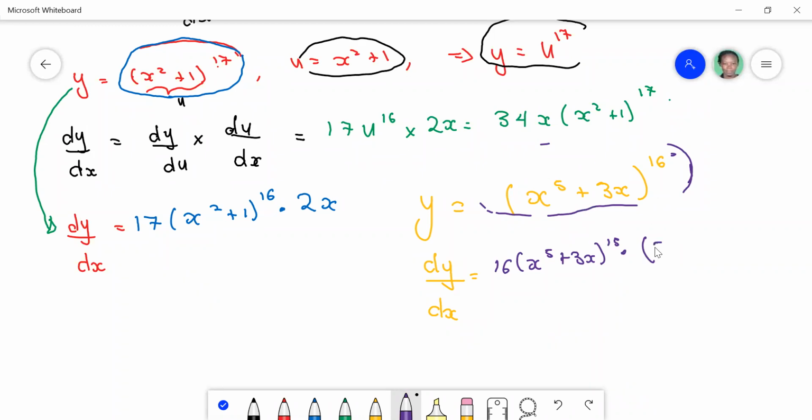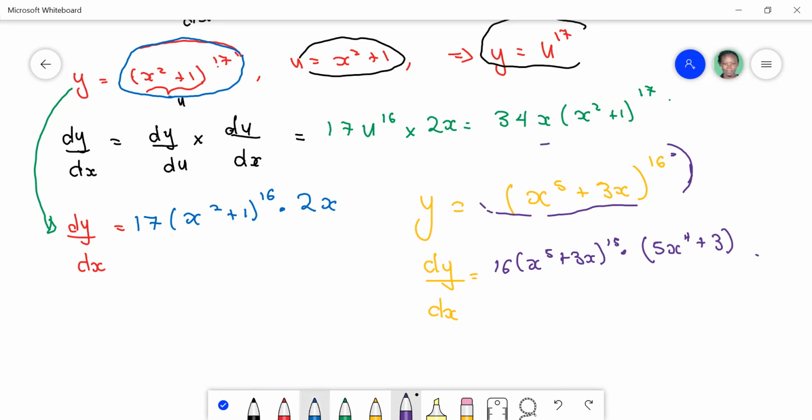That gives me 5x to the power 4 plus 3. So that is then your result. All the steps we're going through are just to help us understand how we are arriving at this.